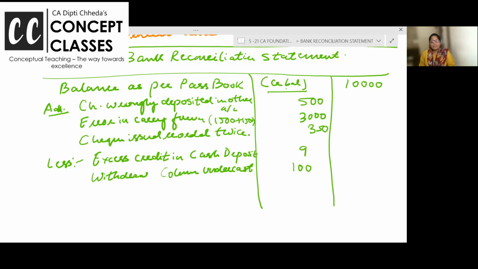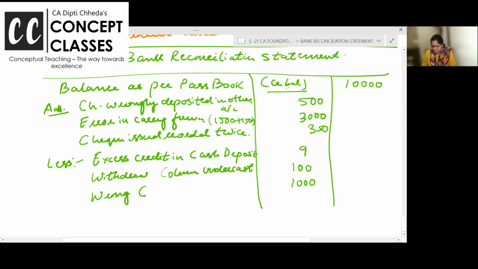So 1000 rupees deposited by Kishan, another customer of the bank. Passbook mein someone has directly deposited the check and we have not recorded in books. Now when the check is deposited in the passbook, it is credited in the passbook. But we didn't do debit in the cash book. So passbook should debit. This is credit, so debit, so less 1000.